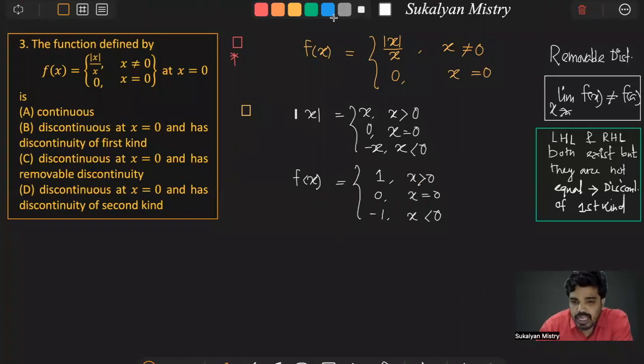Now, discontinuity of first kind. When is a function continuous? The function f(x) is said to be continuous at x equal to a if limit x tending to a f(x) is equal to f(a).